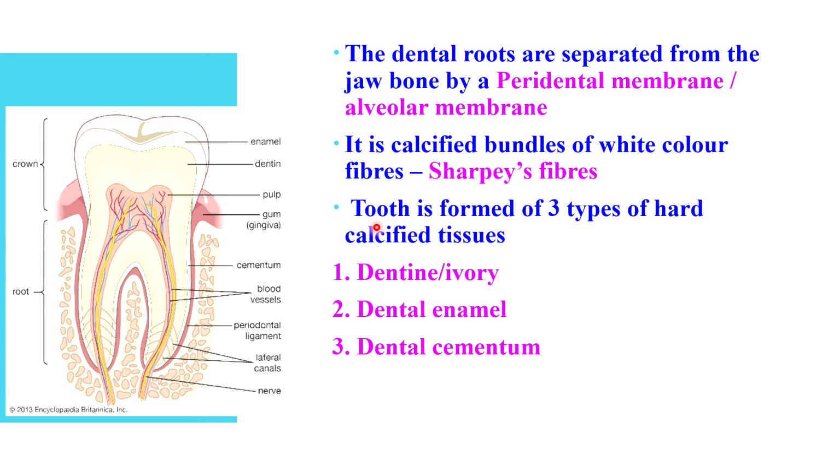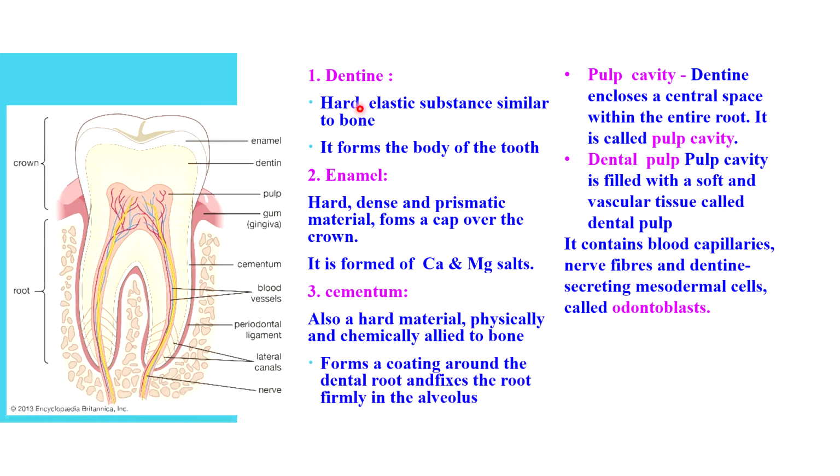And this tooth is formed of three types of hard calcified tissues: dentine or ivory, dental enamel and dental cement. Dentine is a hard elastic substance similar to bone, and it forms the body of the tooth.